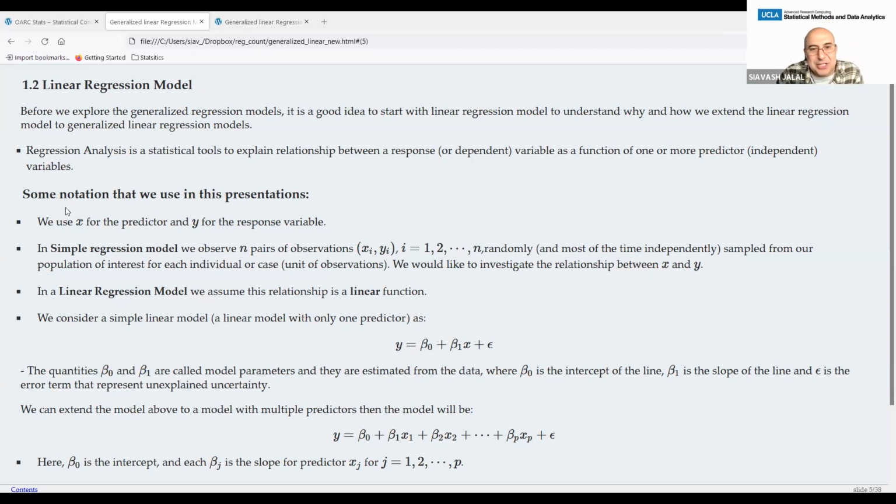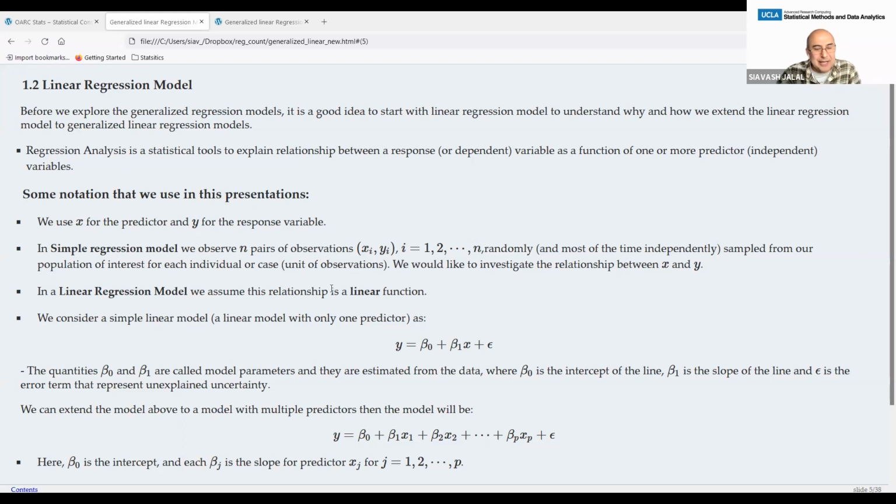Let's start with some notation. I'm not going too deep in mathematics here, but at least we need to know the model formula and basic mathematics. So in simple regression model, we have a pair of observations. Simple regression model means that we have only one predictor. The pair of observations can be shown as xi and yi.